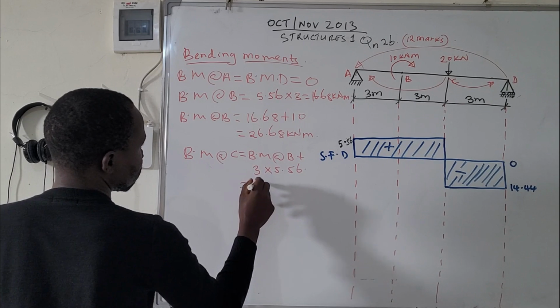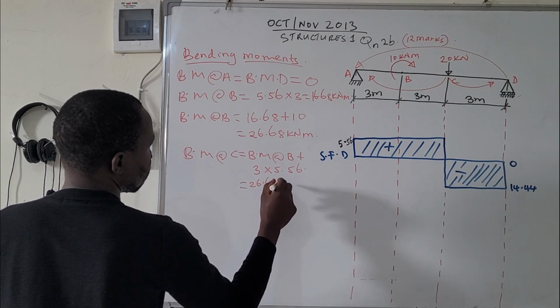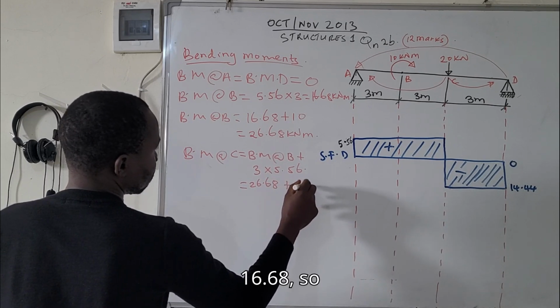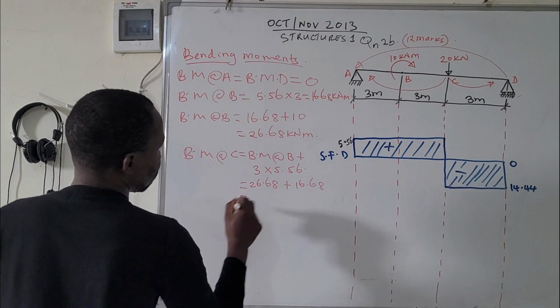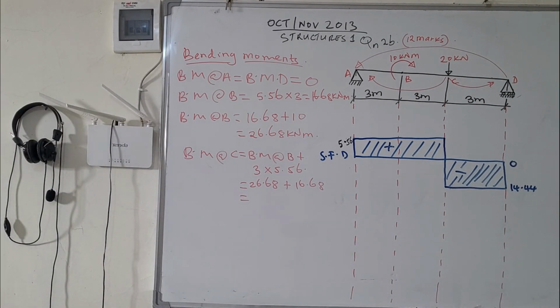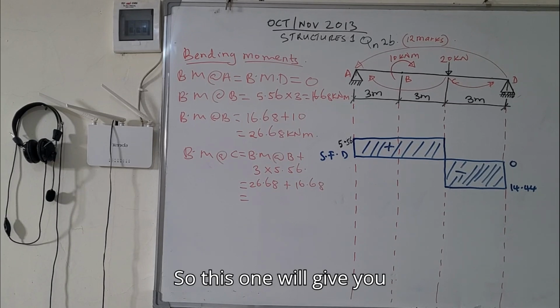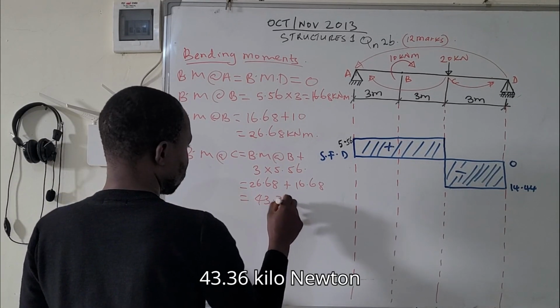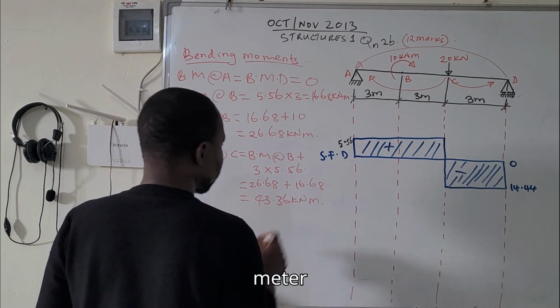So this one will be 26.68 plus 16.68, which gives you 43.36 kilonewton meter.